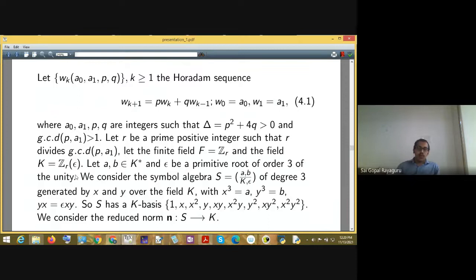In the symbol algebra definition we considered the primitive nth root of unity, but here we have considered only degree 3, so the third primitive root of unity. Extending this finite field by this epsilon gives some K, and the non-zero elements of K are considered as K star, from which we take some elements a and b.